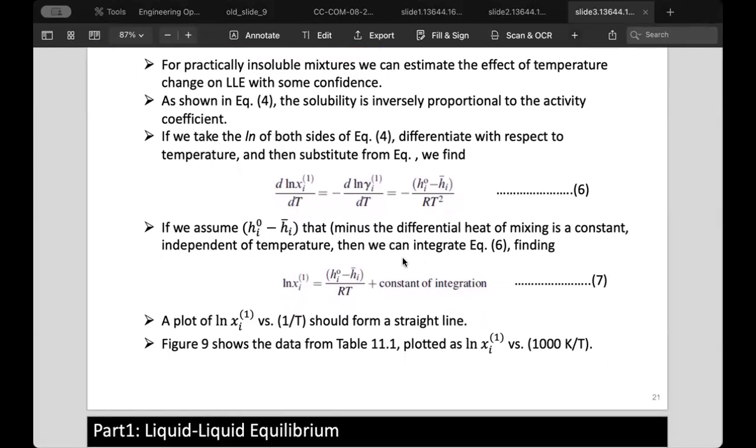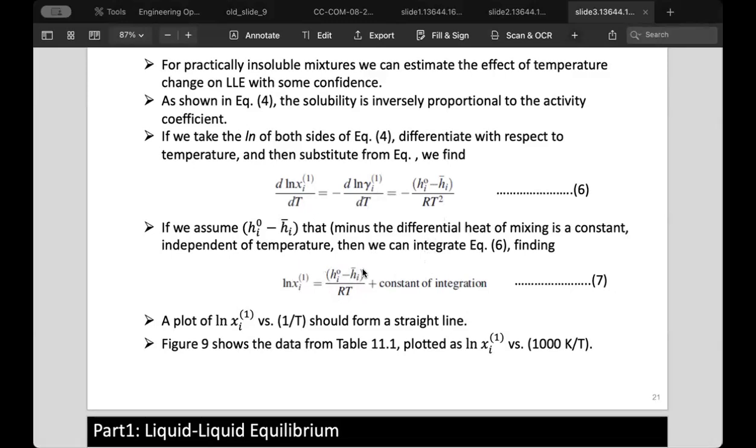Or if you assume that the heat of mixing is constant, we can integrate this directly because this is constant. We assume that, and log xi equals the heat of mixing, H_i^0, over RT plus a constant, by integrating this. So if you have information of xi and T, you can estimate this value.